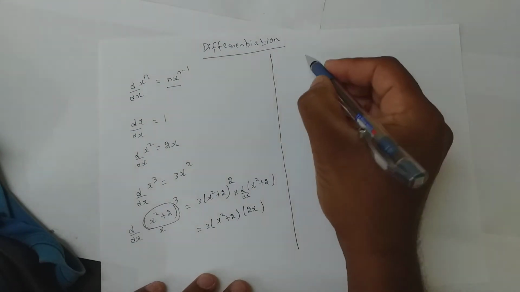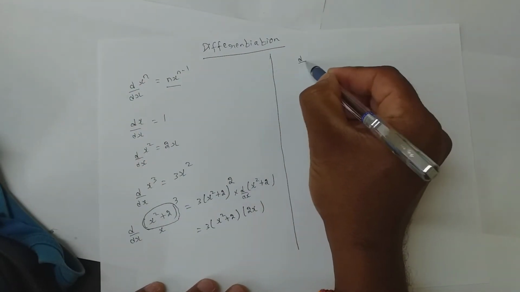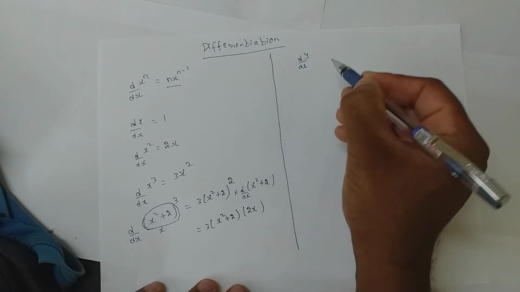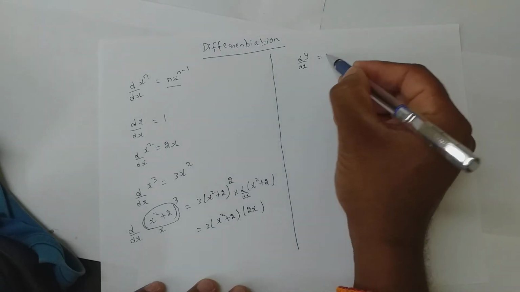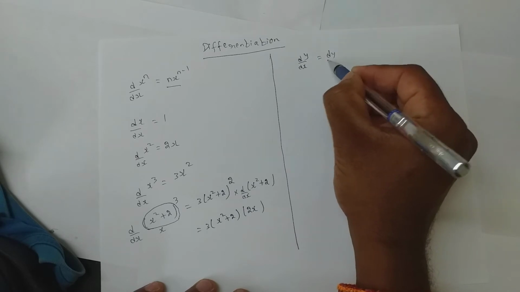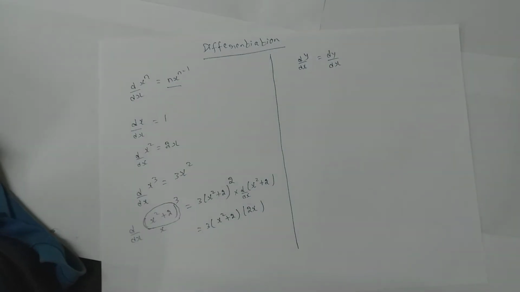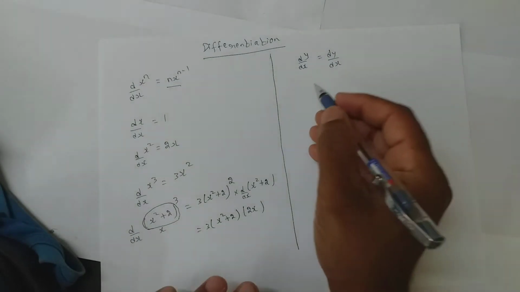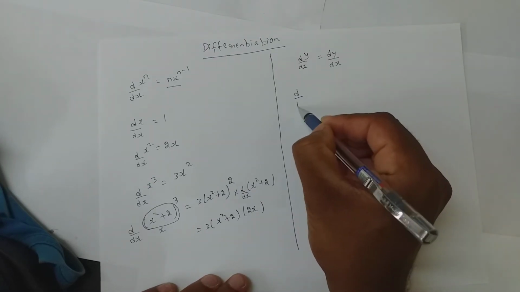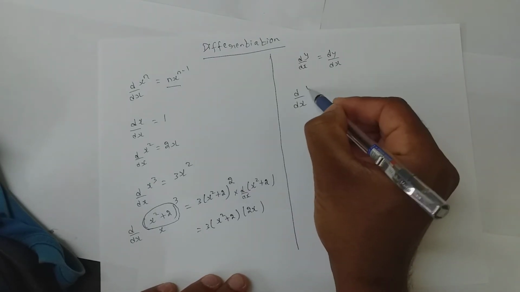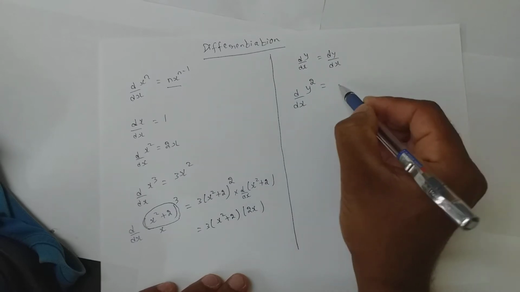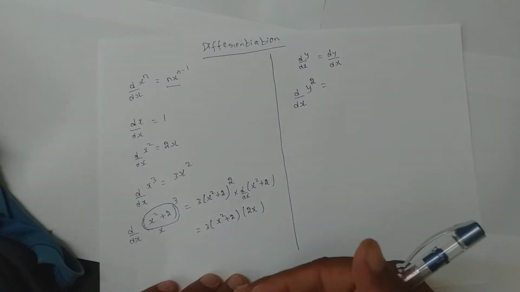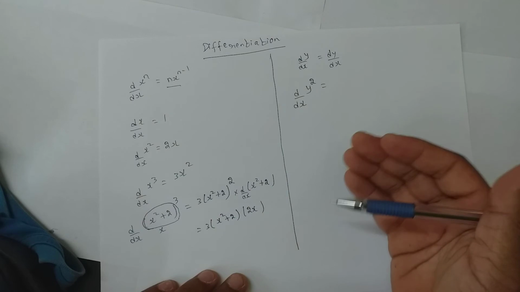Over here now, if d by dx applied on y, it cannot be simplified, so it remains like dy by dx only. Clear? Now if it is d by dx applied on y square, then what do you get? Same as you used to do earlier, now also the same thing.